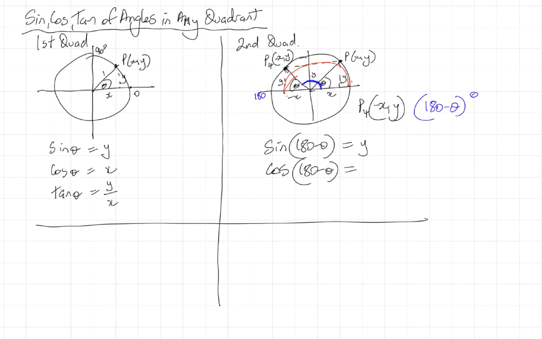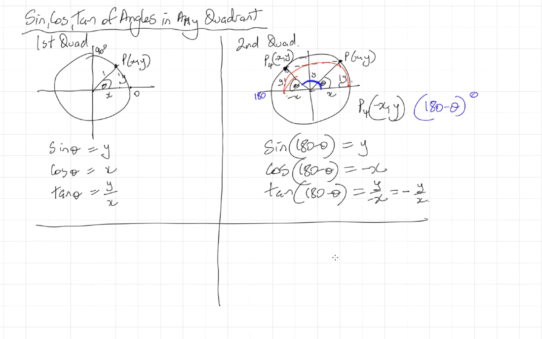Now the x coordinate at this point here is negative x compared to that value. And the tan of 180 minus theta is equal to the y coordinate divided by the x. The x in this case happens to be negative x. Now that negative can come out the front of y on x.